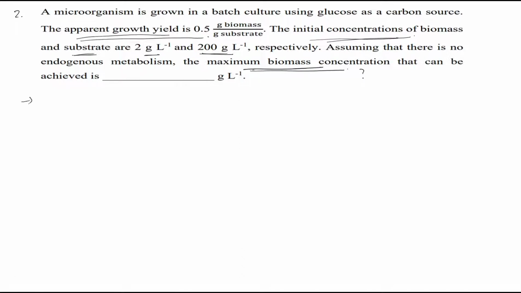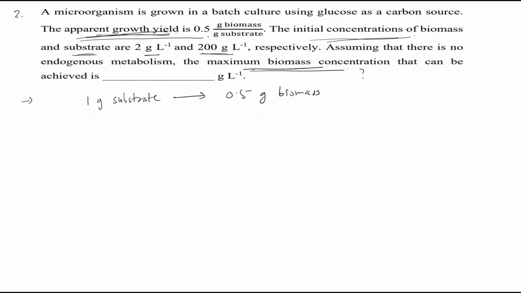This question can easily be solved by using logic. Apparent growth yield means that by using 1 gram of substrate, we can produce 0.5 gram of biomass.